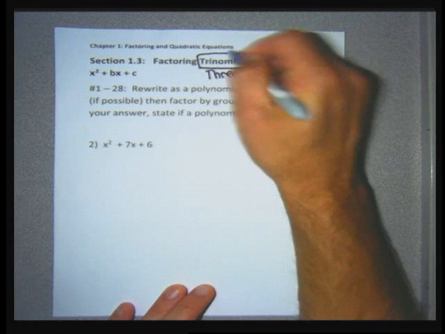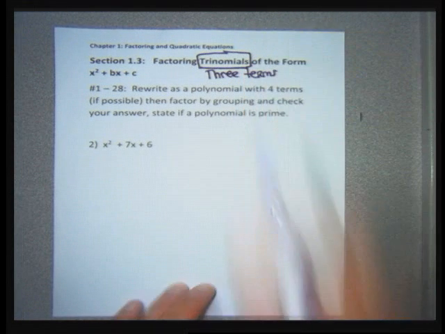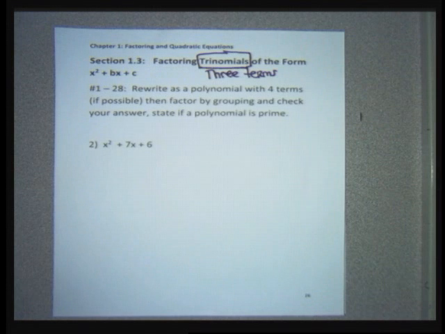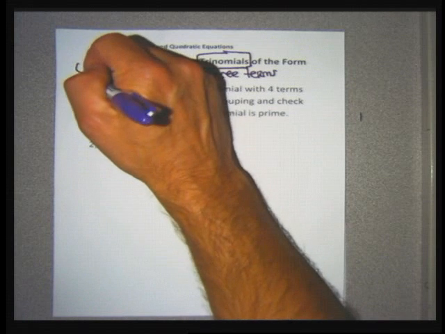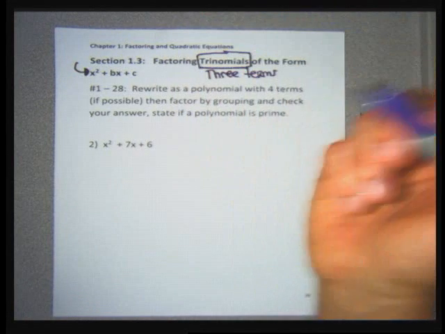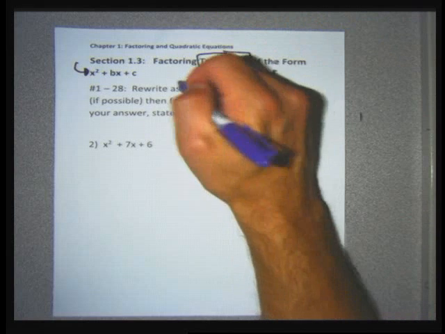So every problem that we're going to factor in this section will have three terms. And the key thing that makes this section different than the next section is there isn't a number in front of the x squared term, or there's a 1 in front of the x squared term.